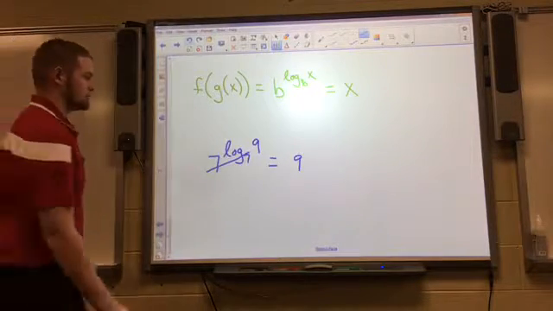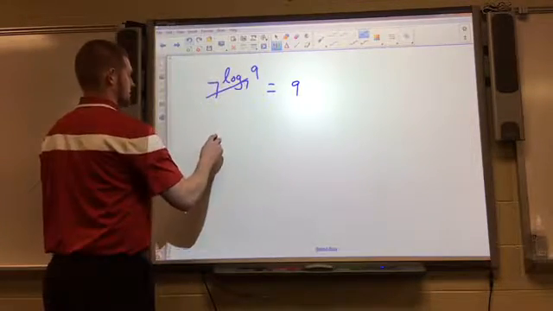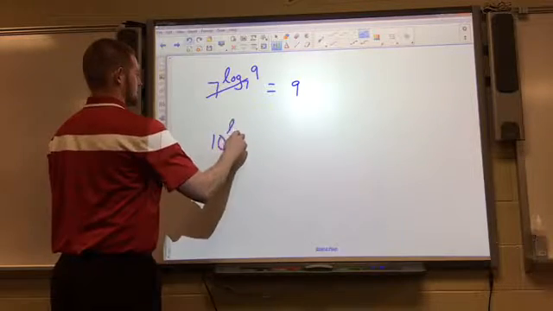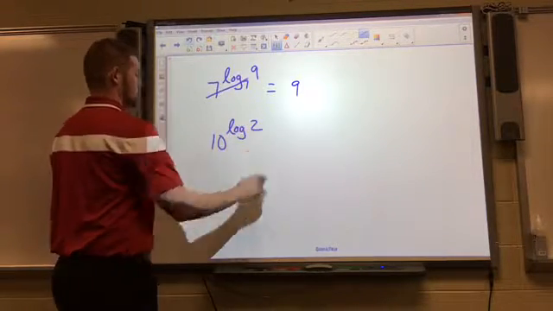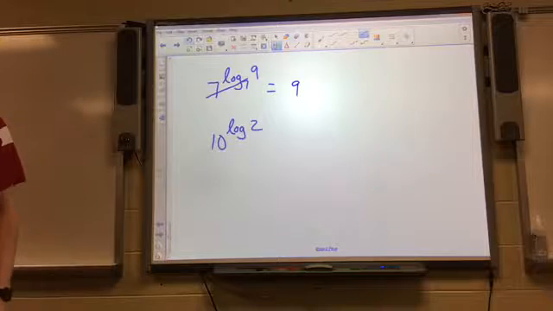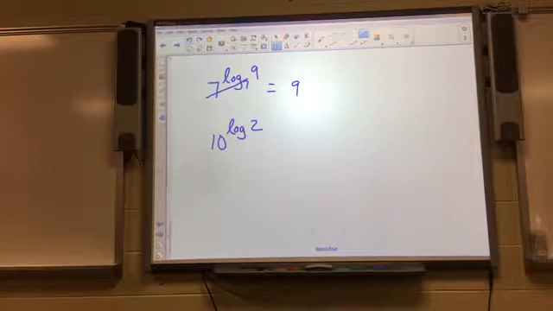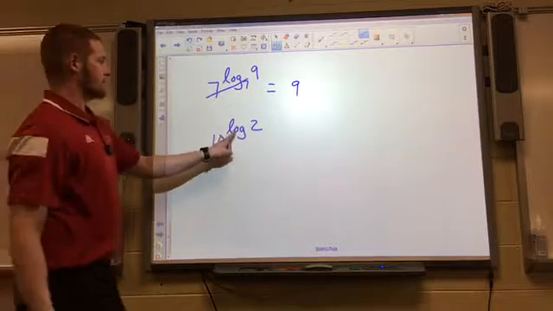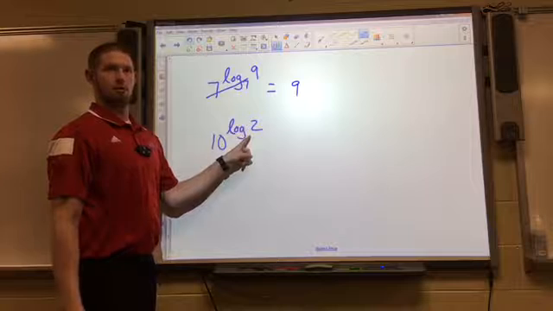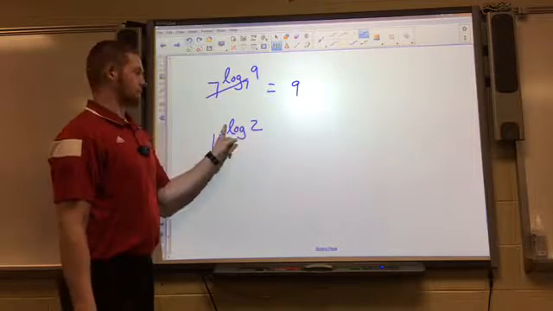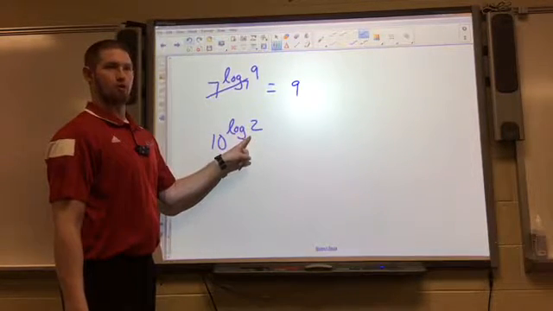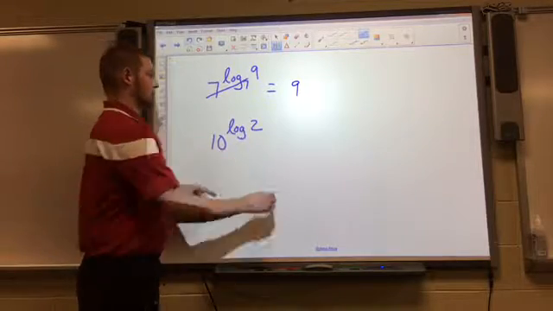What about, think about this one for a second, 10 to the log of 2. Why is it 2? Right, this doesn't say log base 10, but that's our common logarithm. So if they don't write anything, we assume it is log base 10.